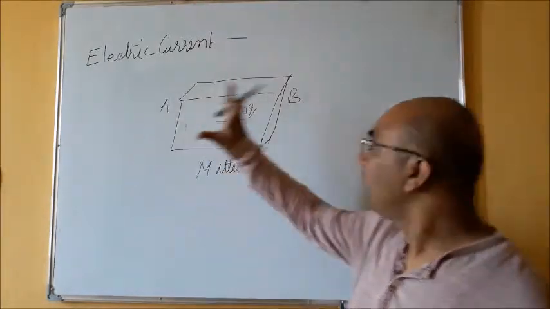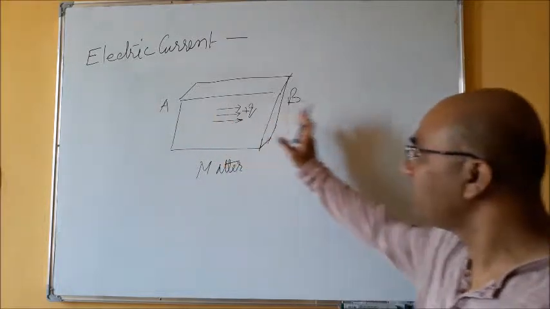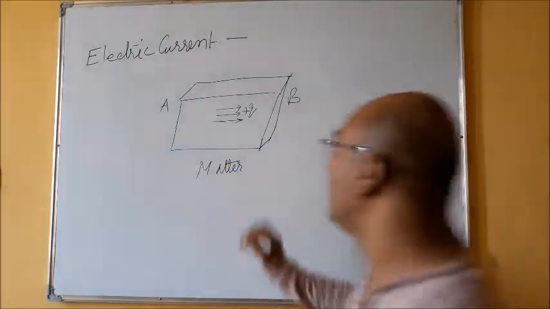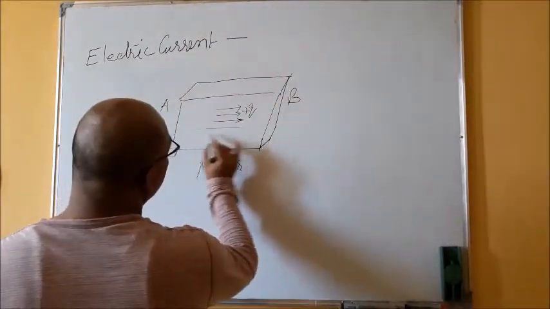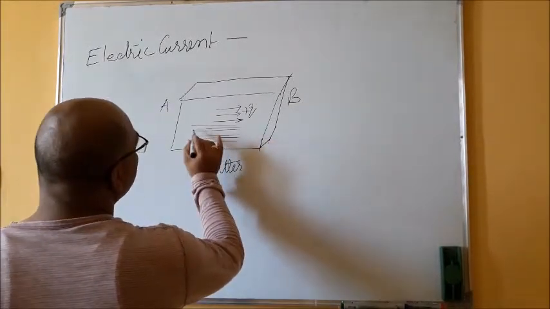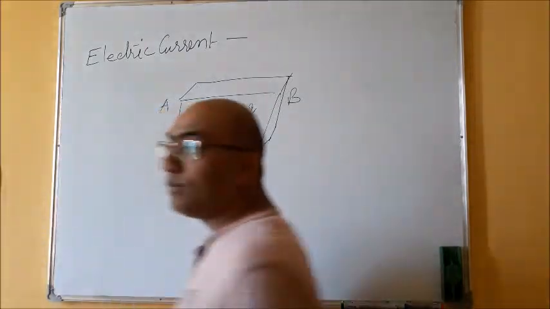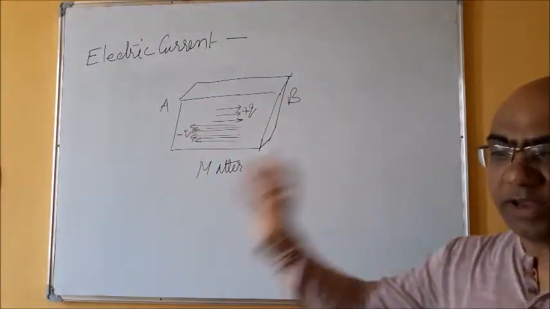From surface A to surface B, I am supposing plus q charged particles are moving from A to B, and at the same time minus q charged particles are moving from B to A.